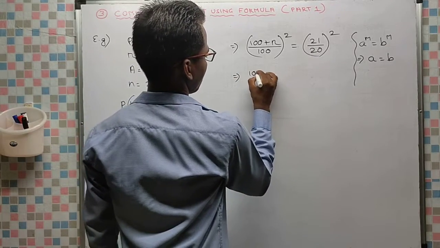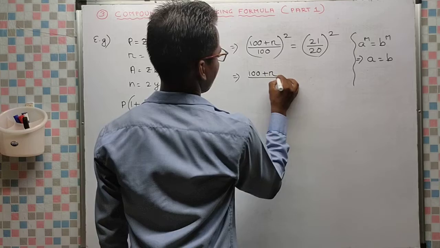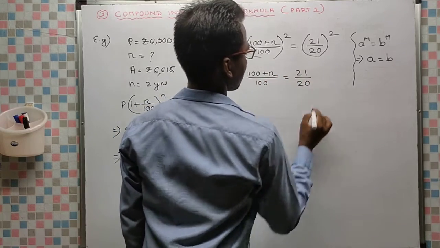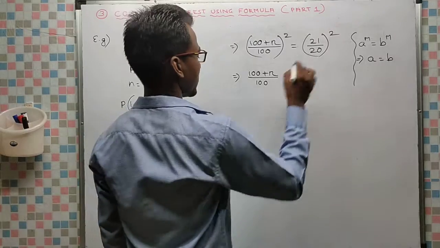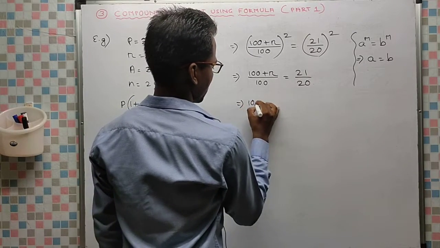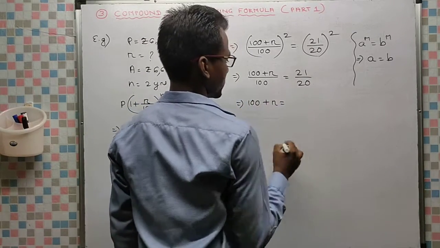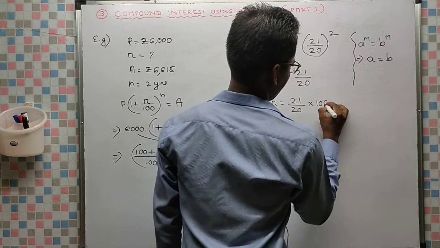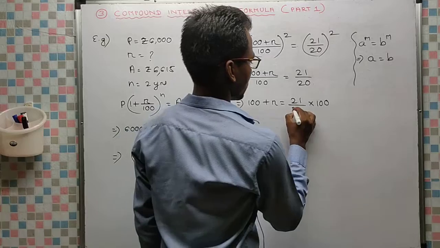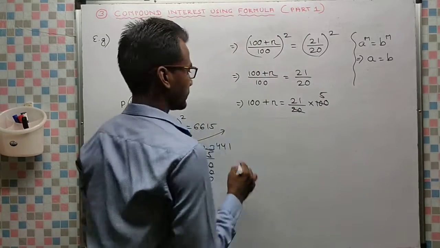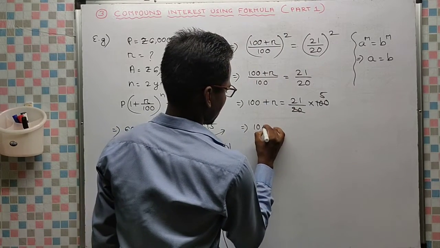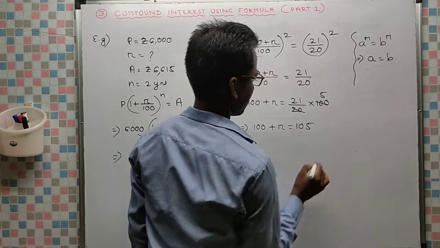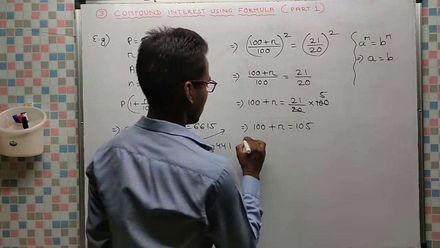We can say 100 plus R by 100 is equal to 21 by 20. Send this 100 to the right side. 100 plus R is equal to 21 by 20 into 100. 20 into 5 is 100. 100 plus R is 105, 21 into 5 is 105.